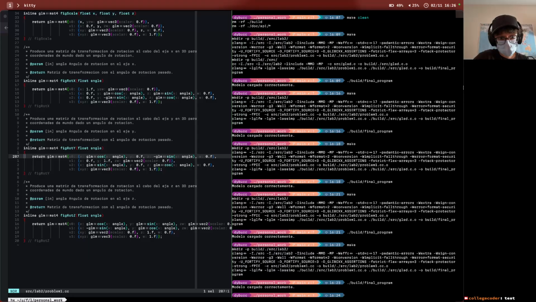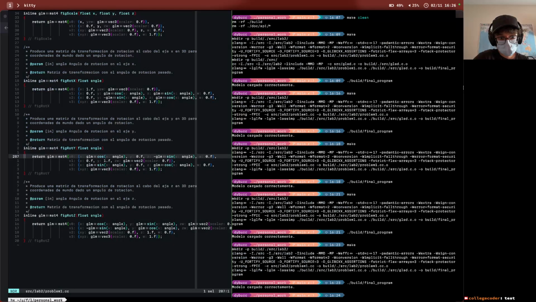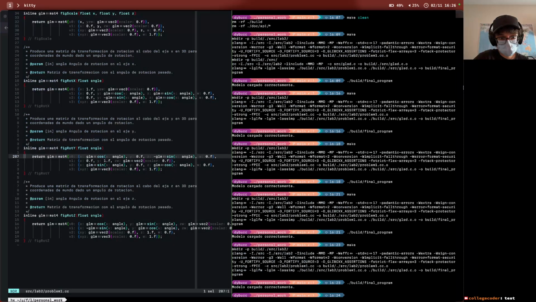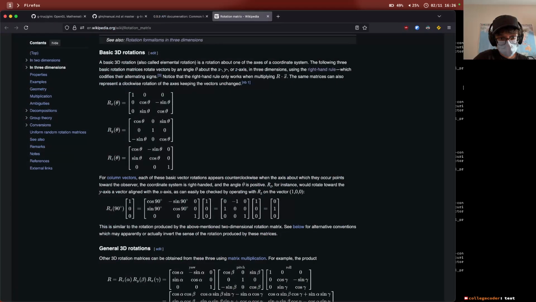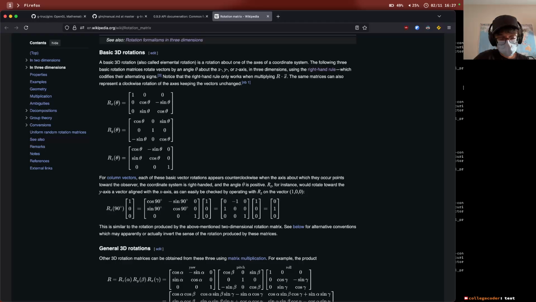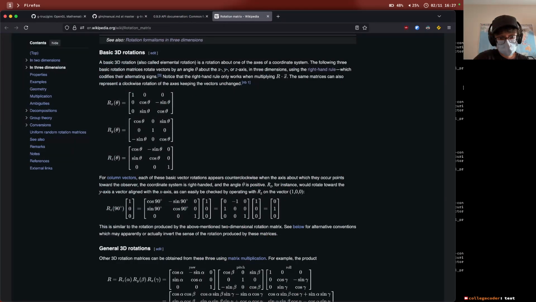So, on y, technically it's still correct. We've got cosine 0, negative sine, and other zeros, and this is 0, 0, 1, 2 zeros. And we got sine 0, cosine, and then another 0. And then finally 3 zeros and a 1. Makes sense to me.